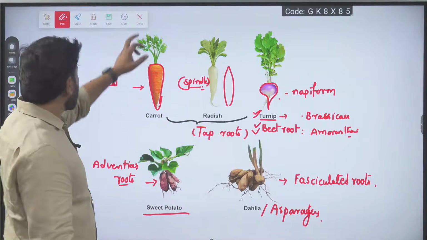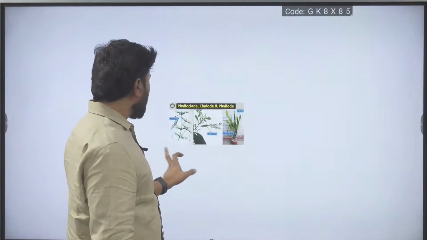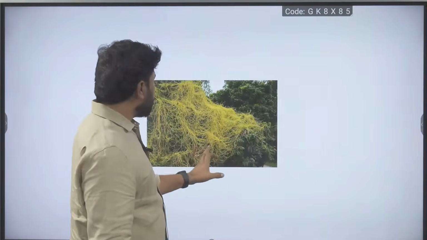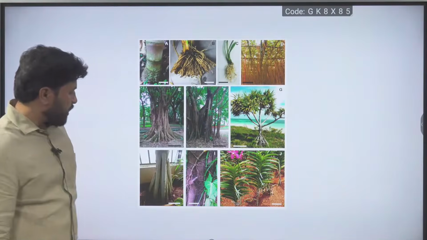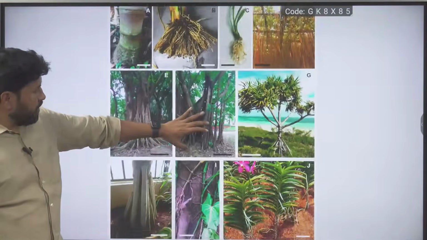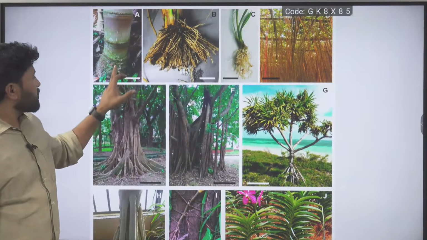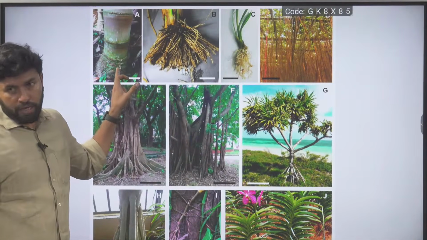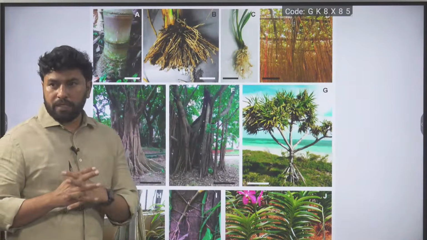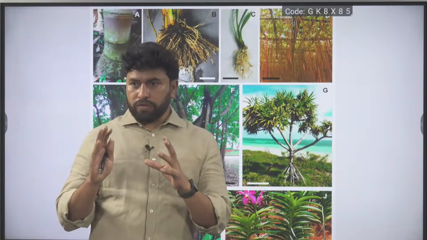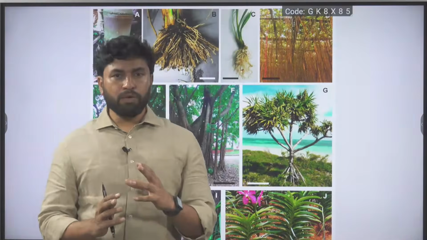Apart from that, we do have a variety of roots that perform the function of supporting plants. In the case of supporting the plant, let us consider here. Here you can see this is bamboo, sugarcane, or you can also consider it as maize. What happens in them? Those nodes which are near the soil, bamboo is a monocot.